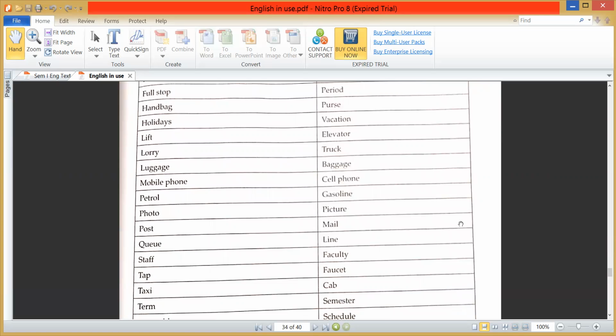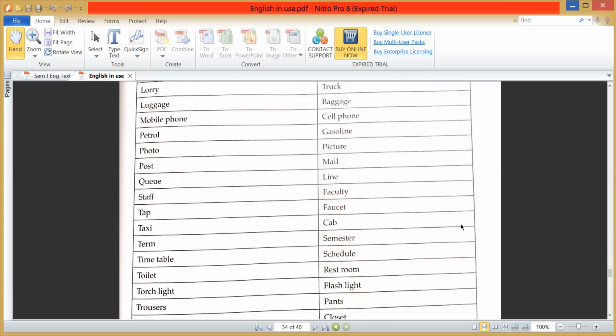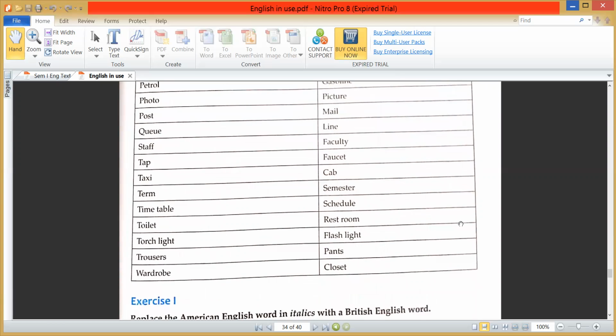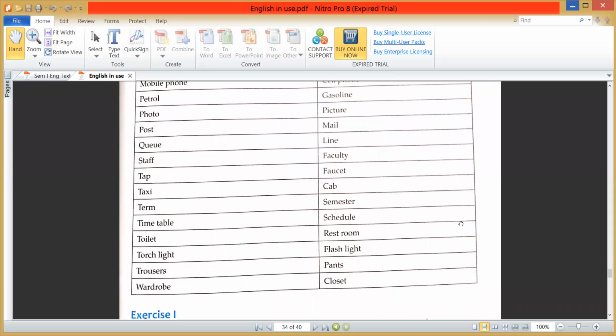Mobile phone, cell phone. Petrol, gasoline. Photo, picture. Post, mail. Queue, line. Staff, faculty. Tap, faucet. Taxi, cab. Term, semester. Timetable, schedule. Toilet, restroom. Torchlight, flashlight. Trousers, pants. Wardrobe, closet.